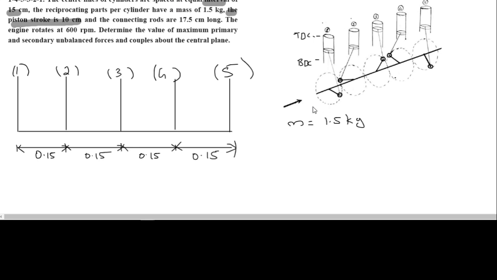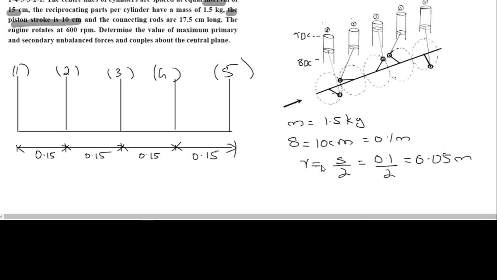I'm calling it S, and it is given as 10 centimeters, so it will be 0.1 meter. The radius of the crank, R, will be equal to S by 2, half of the stroke length. That is 0.1 divided by 2, which equals 0.05 meters.